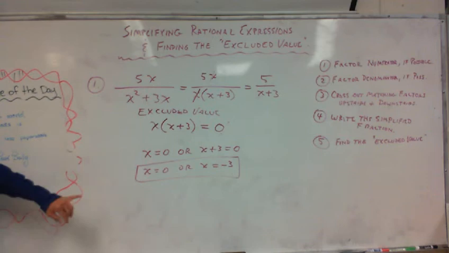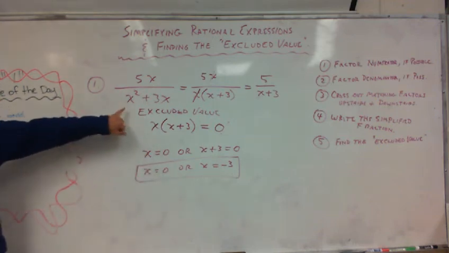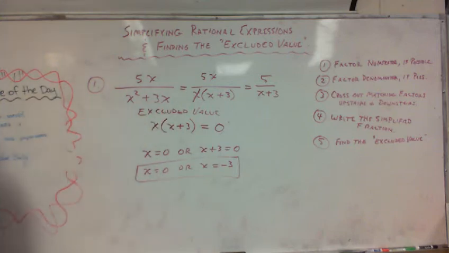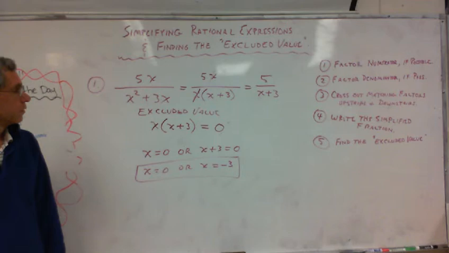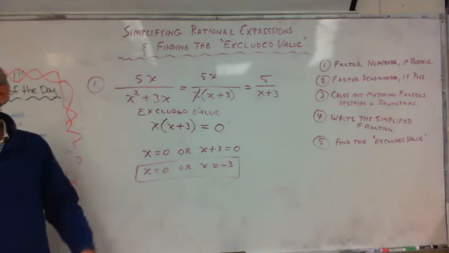If X were 0, I would have 0 plus 0, and it would be a 0 denominator. If X was -3, then you have 9 plus -9, which would be 0, right?